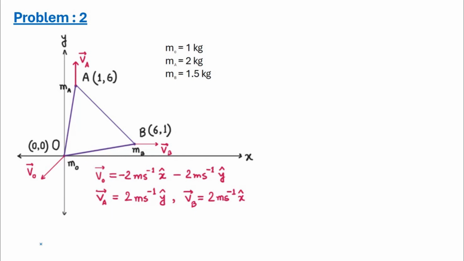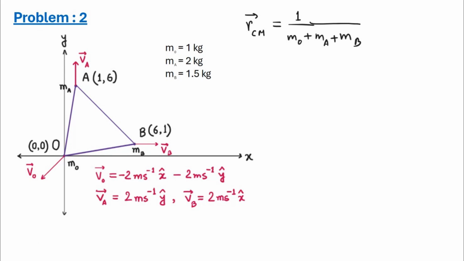So right at the beginning, let's go for the center of mass of this system. The center of mass, RCM, is known to be 1 over the total mass, so that means MO plus MA plus MB, right?